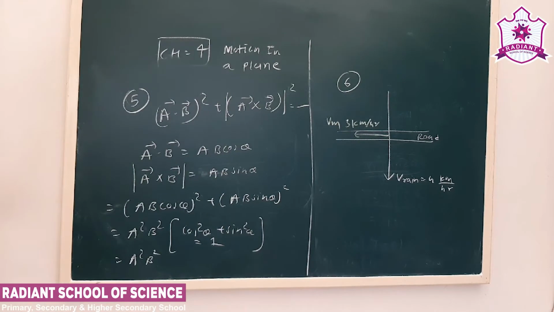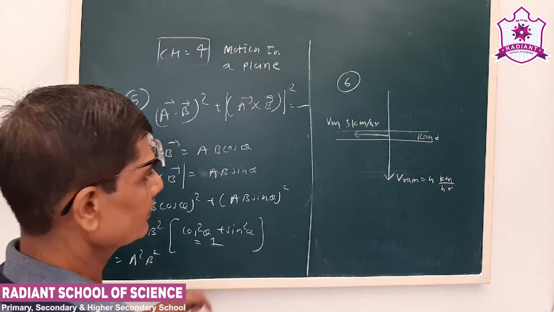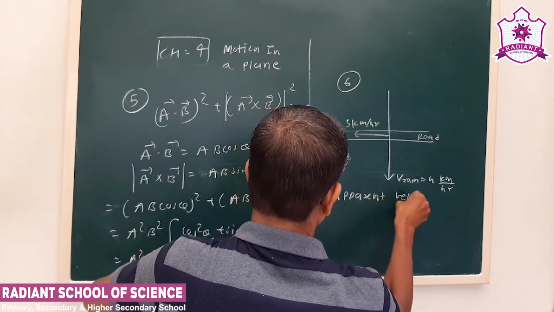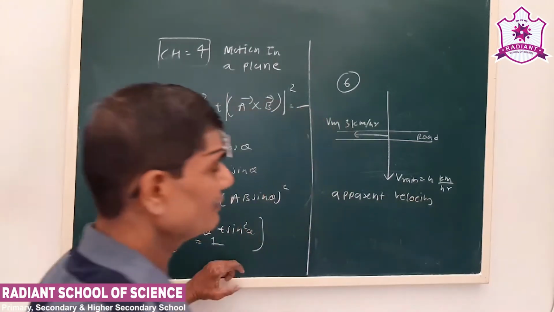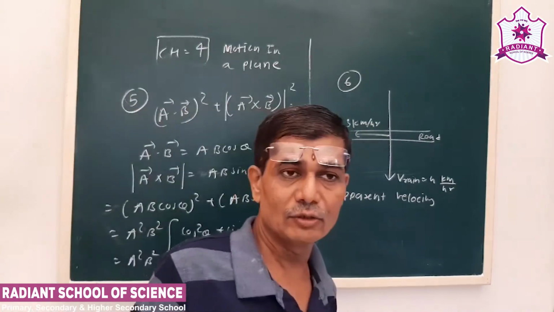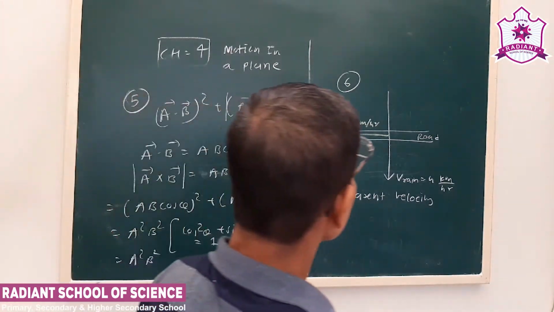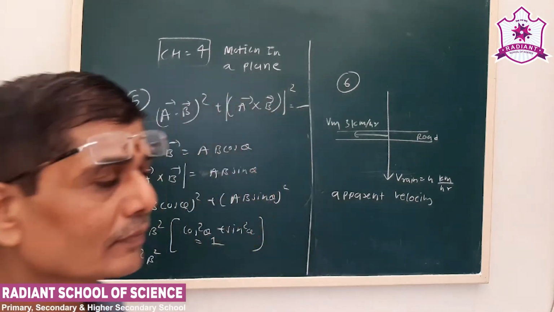Now see the apparent velocity. Whenever we use the word apparent velocity, then it is a relative velocity. Now we have to take a subtraction.